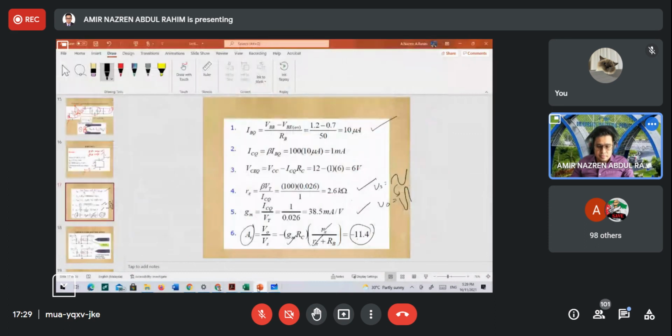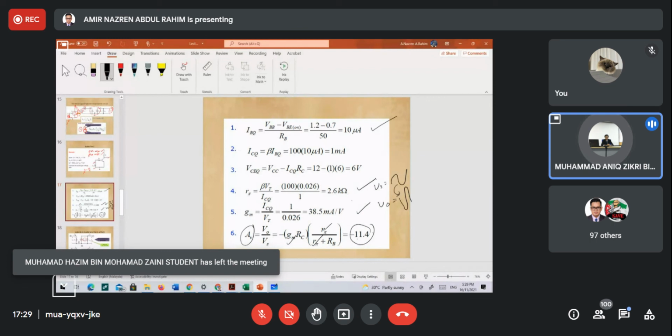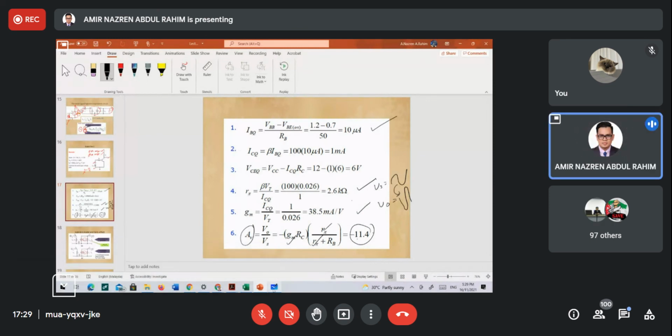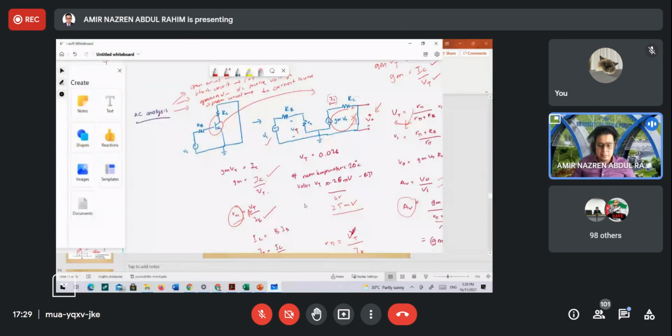Okay. Alright. Saya boleh proceed? So nanti calculation tu saya bagi ke? Yang mana? Yang ni, nak ni? Ah, ni? Boleh-boleh, nanti saya bagi dalam Google Classroom lah.